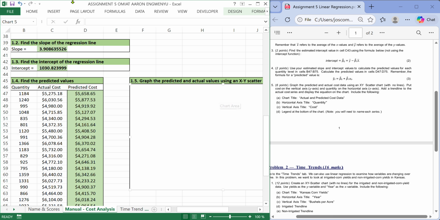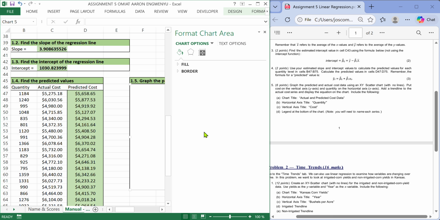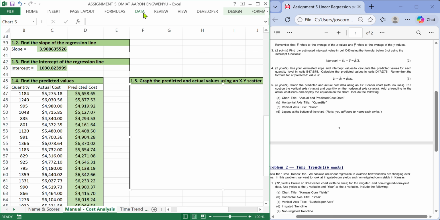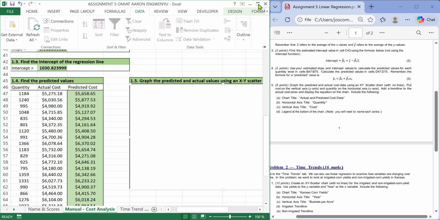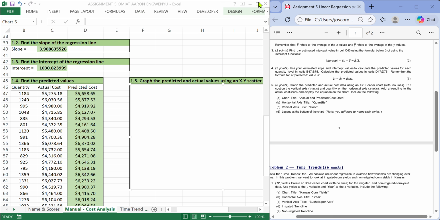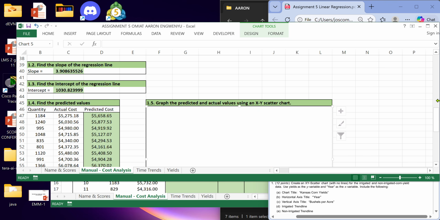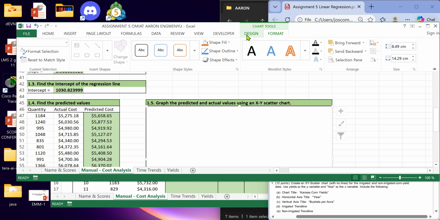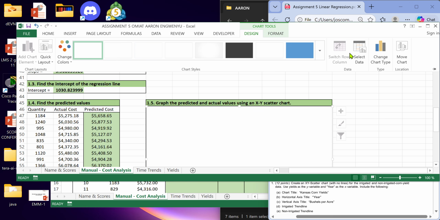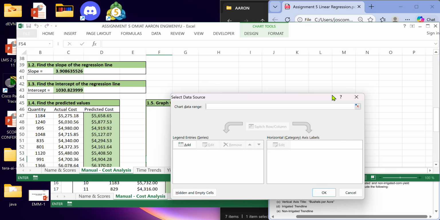So selecting the data. Okay, format, design, select data.